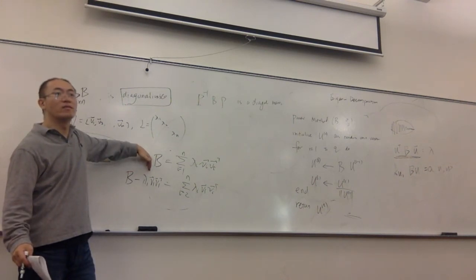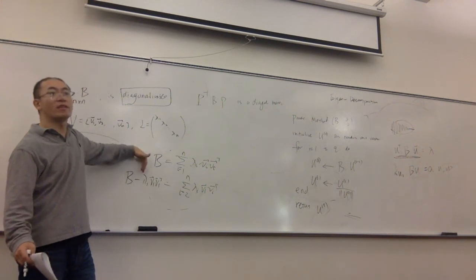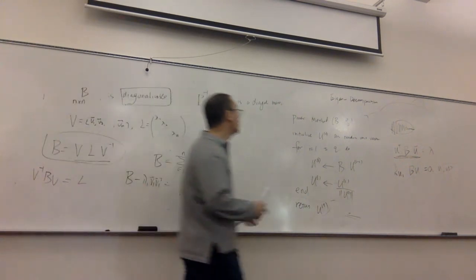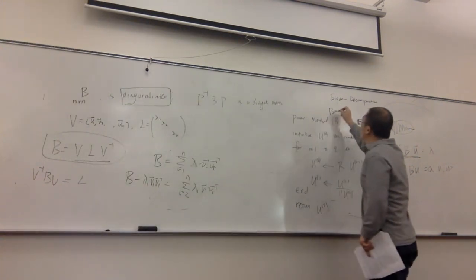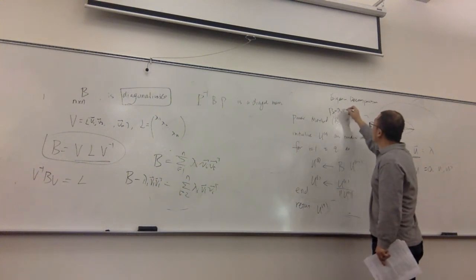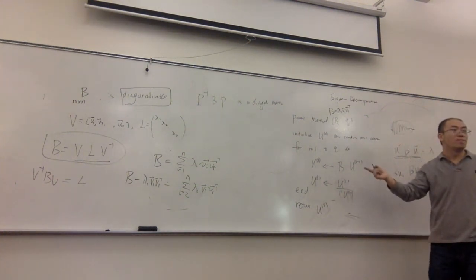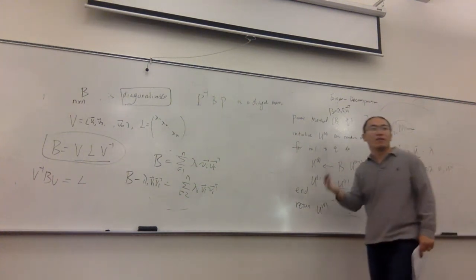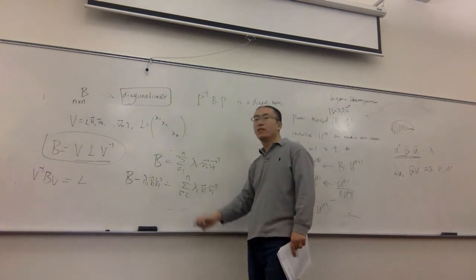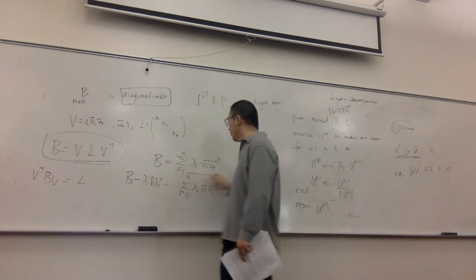We do the power method again, on B minus lambda 1, v1, v1 transpose. What can we get? The second largest eigenvalue and eigenvector.